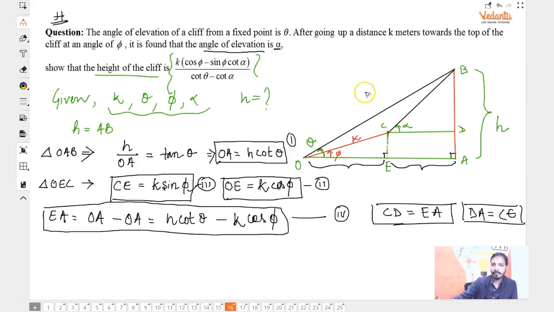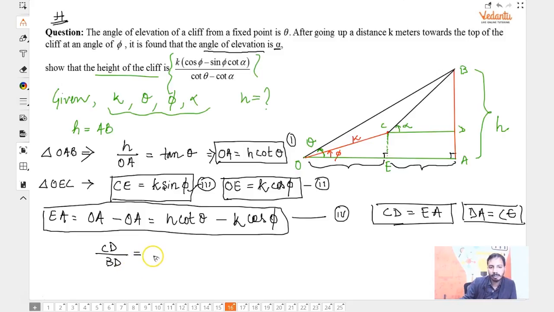So what can I say about CD? So I can say that CD, that means height by base or base by height, BD. CD by BD can be written as what?